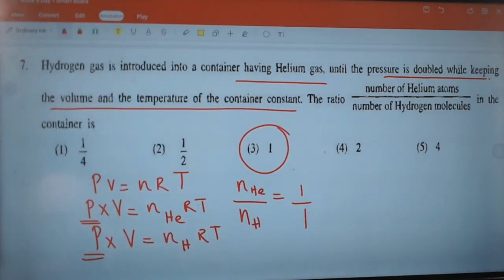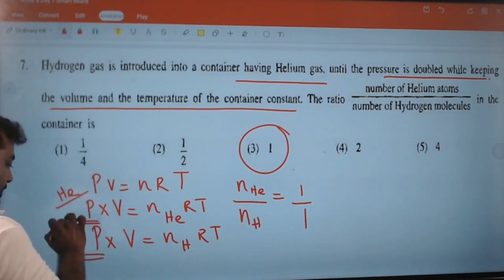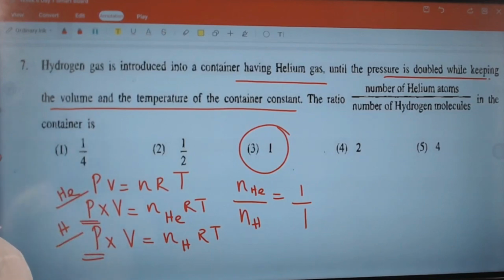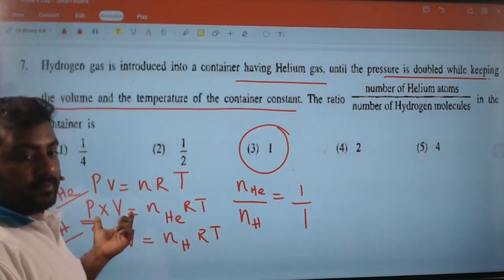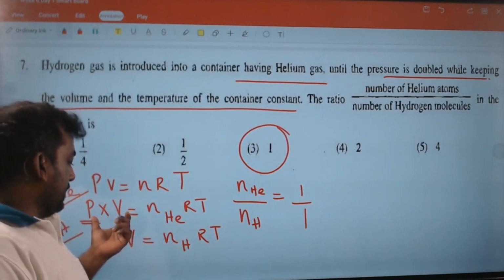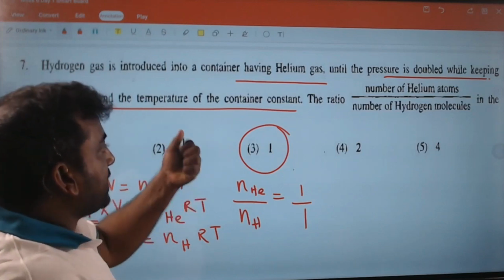Right there. From Dalton's law of partial pressure, after inserting hydrogen, the pressure has doubled.